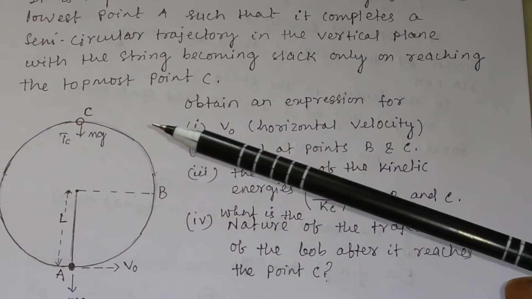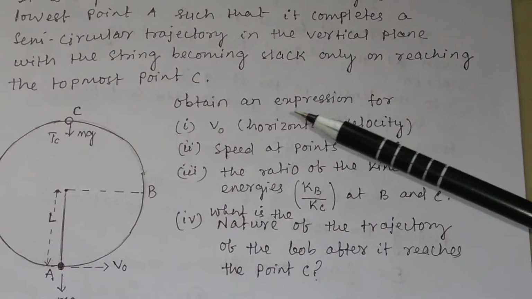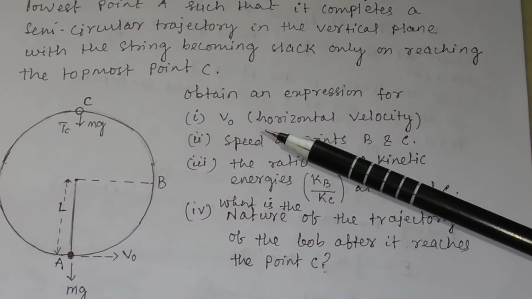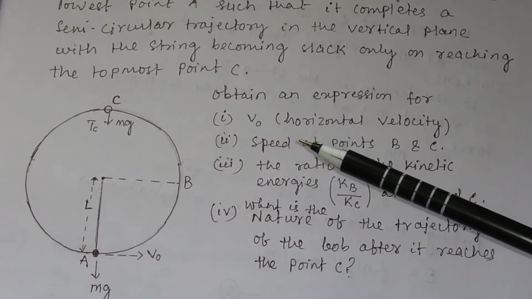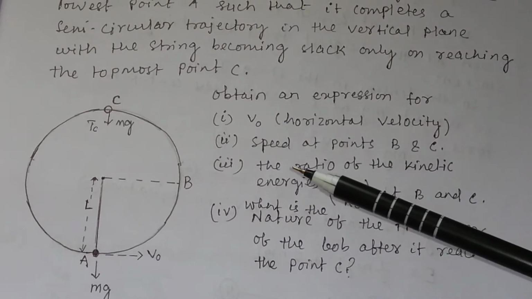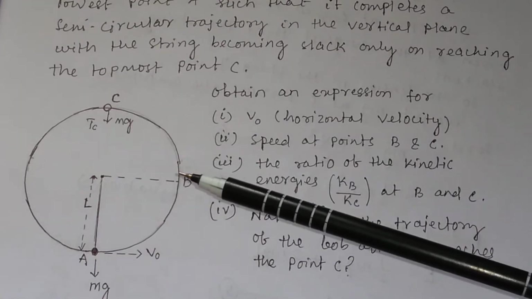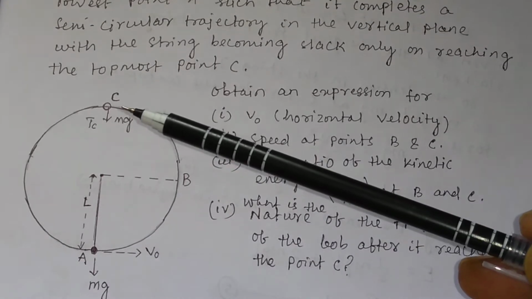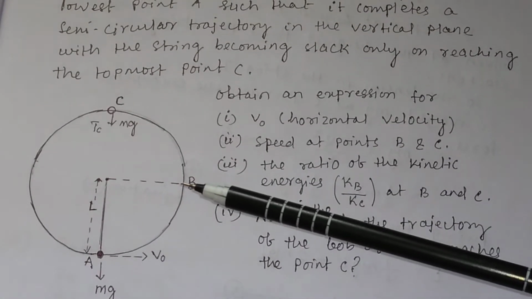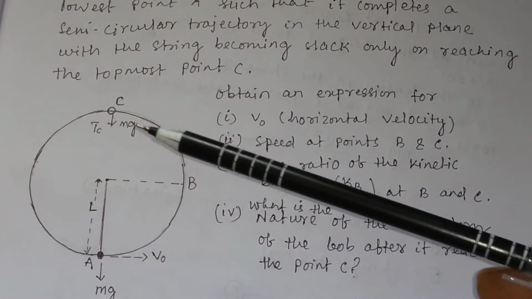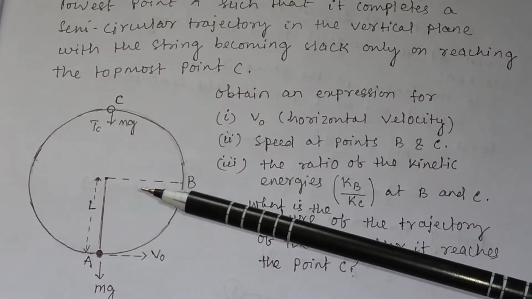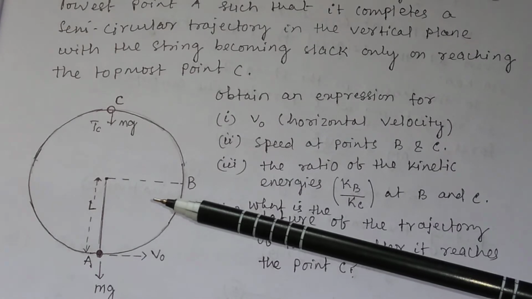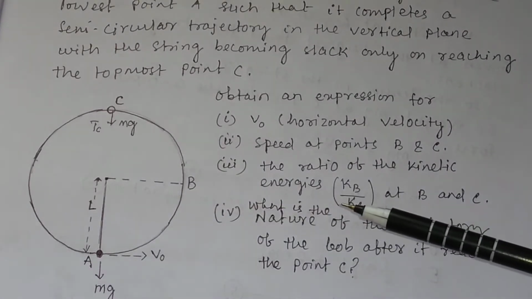So here we have to obtain an expression for v0, that is the horizontal velocity, and the speed at the points B and C. We have to also find out the expression for the speed at the point B and the speed at the point C. And we have to calculate the ratio of kinetic energy Kb divided by Kc.